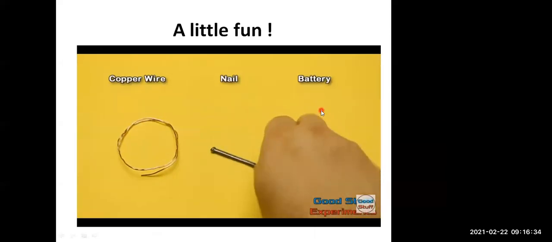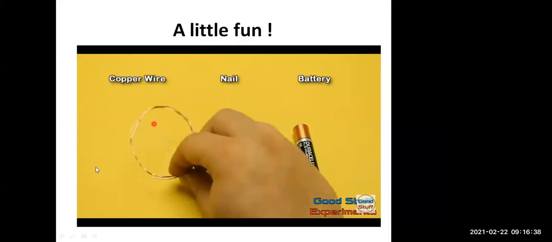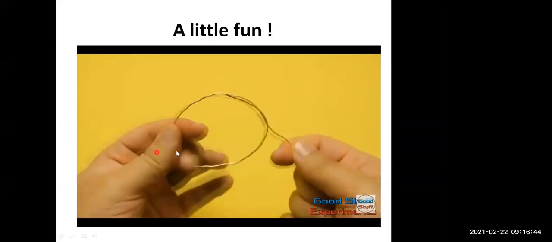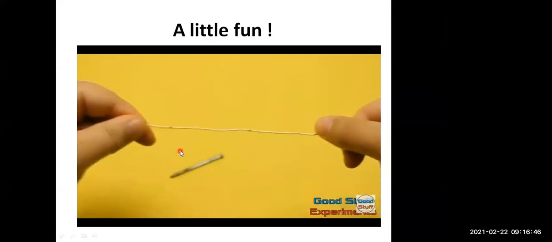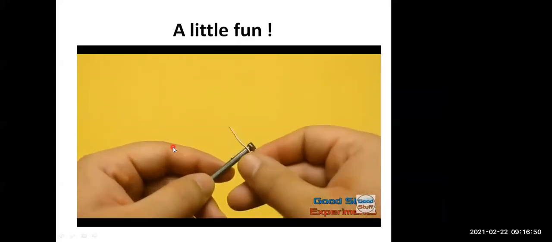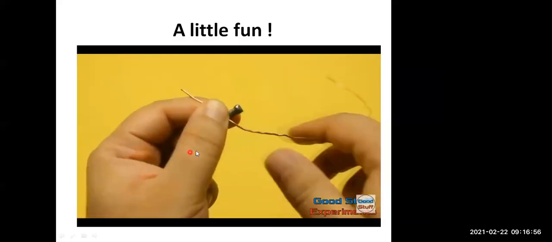So you're going to use a battery for this experiment. You'll require a nail and 1 meter of copper wire. Just straighten the copper wire. Now to this iron nail, you're going to coil the copper wire.